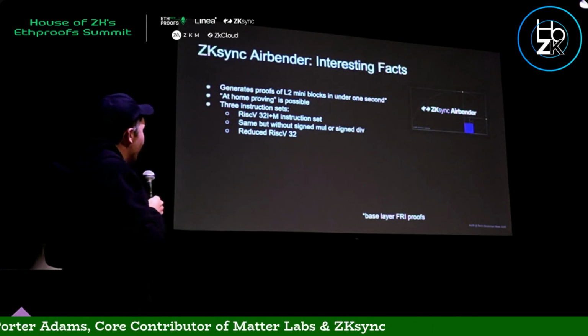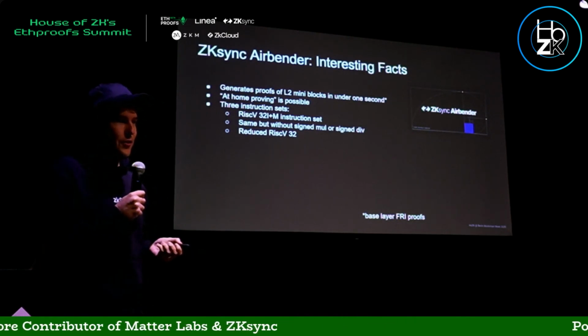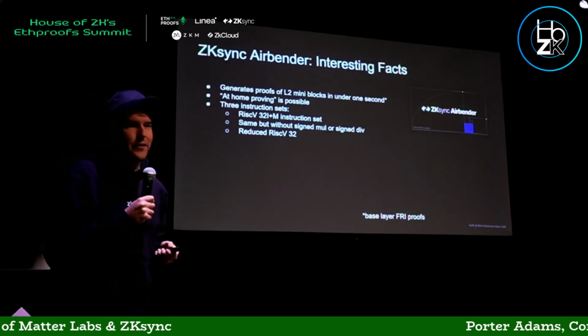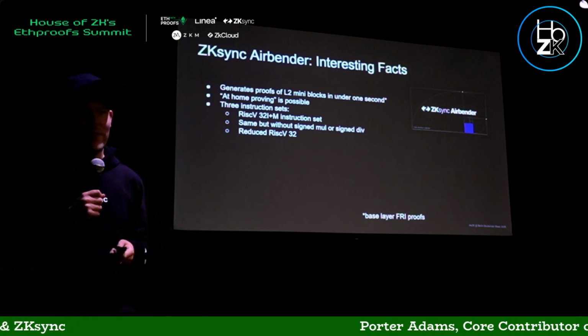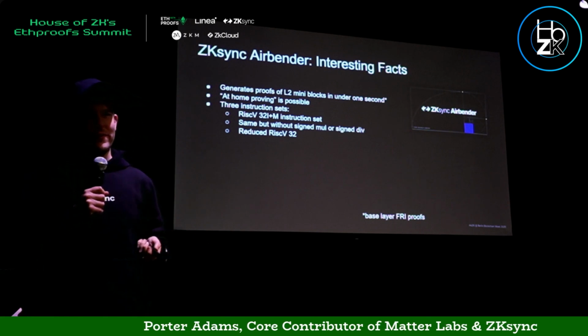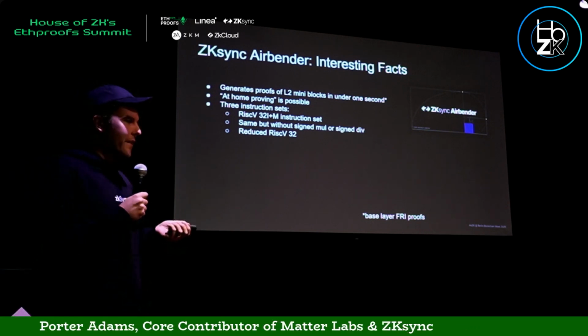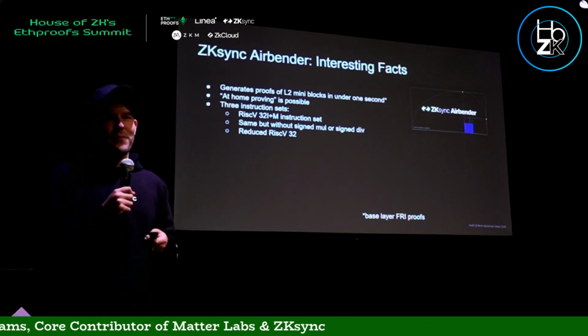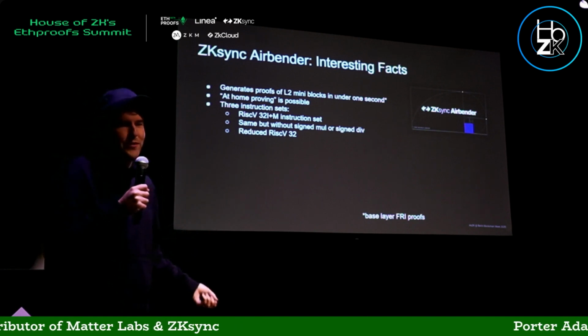And then another interesting fact, in a different direction, is I kind of lied earlier, actually, when I said that we have the RISC-V 32IM instruction set. We actually implement 3 instruction sets so far. We have the full one that we use normally because we need to prove all RISC-V stuff.